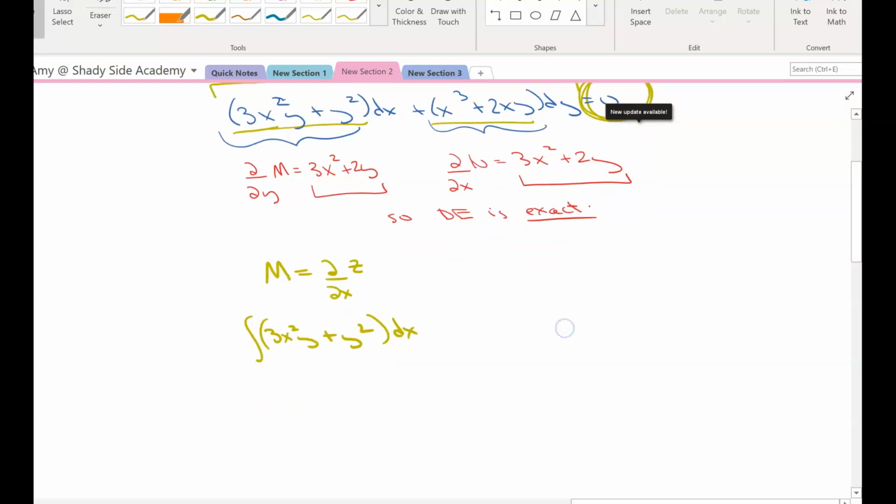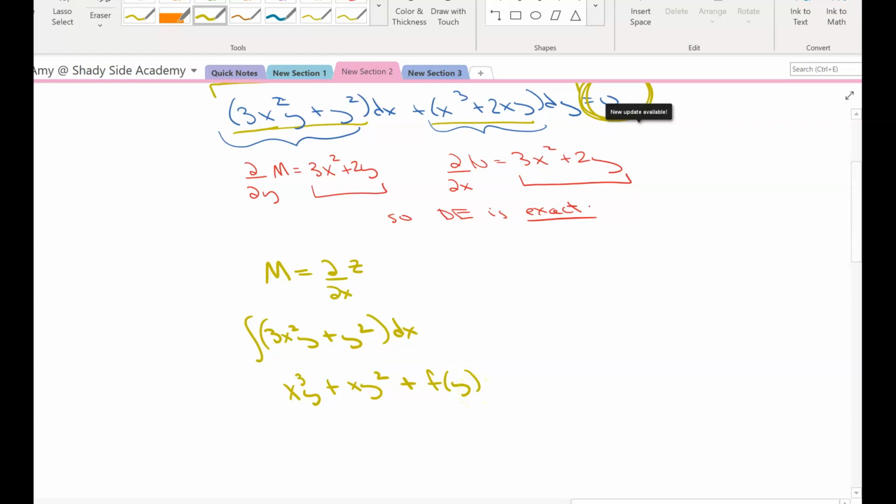And when you integrate this with respect to x, we're going to get x cubed y plus xy squared, plus, we have to remember the constant. The constant in this world, if we're integrating with respect to x, and the integrand has 2 variables, you have to allow for the possibility that your constant could be a function of y.